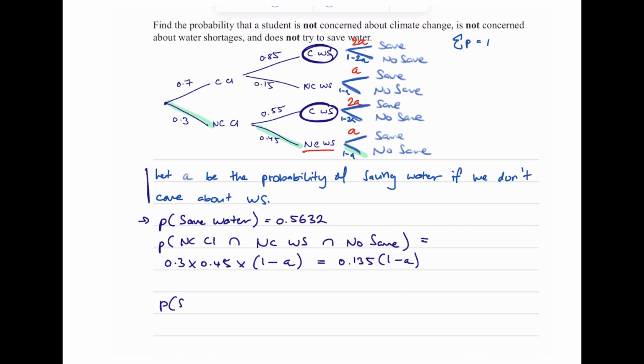So the probability of saving water is found by going through every single branch and looking for the ones where we are saving water.